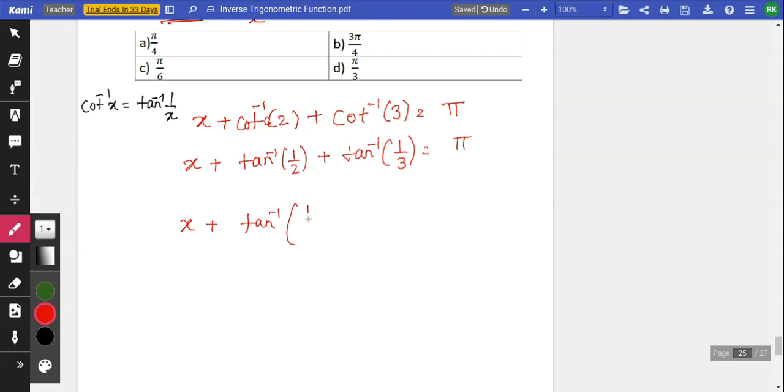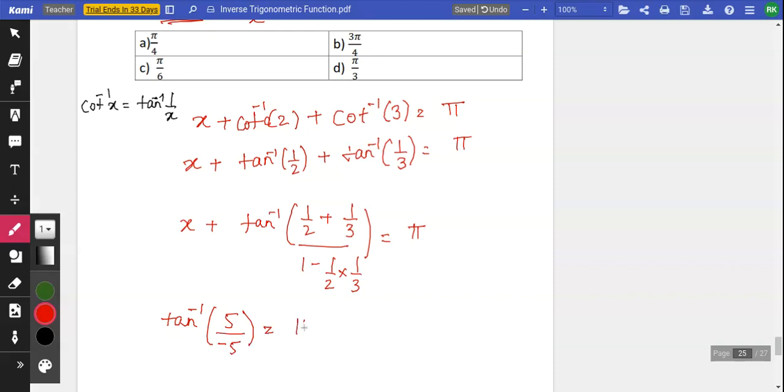Tan inverse of (1 by 2 plus 1 by 3) upon (1 minus 1 by 2 multiplied by 1 by 3) is equal to pi minus x. It becomes tan inverse 5 upon minus 5.